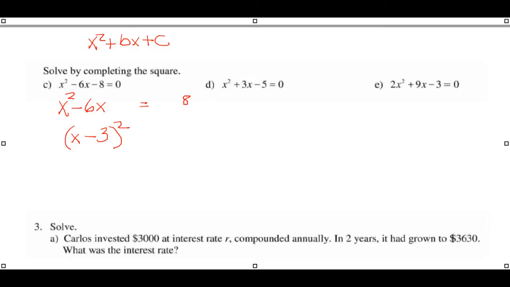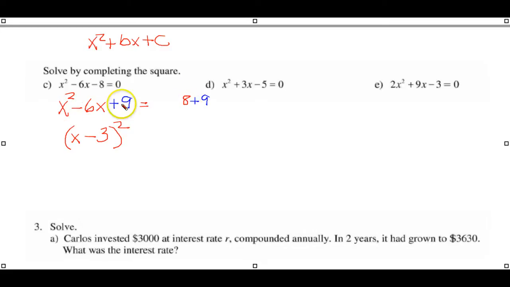I'll change colors to illustrate that. We square this, and that gives us a +9. Now, this is no longer an equation because I've added a 9 here. But if I add a 9 there, I now have still an equation.